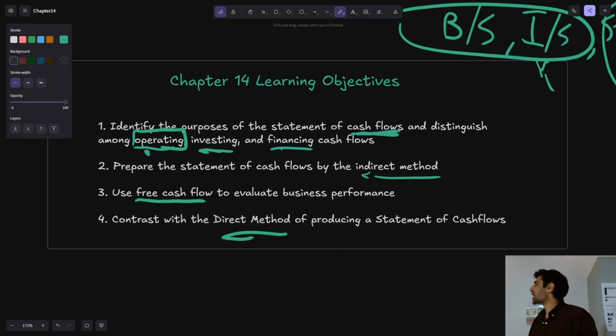This is a financial metric that is quite commonly referred to, so it's worth you all knowing what it is. And then we'll briefly show you a statement of cash flow using the direct method. And I think after you've gone through this chapter, you'll be able to appreciate how direct, as the name implies, and simple the direct method is.